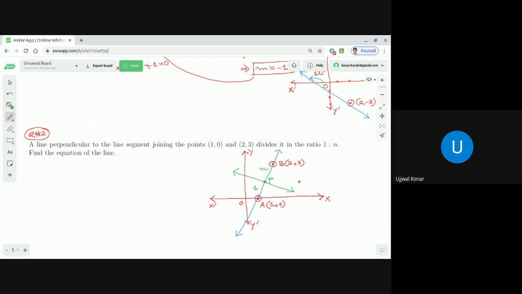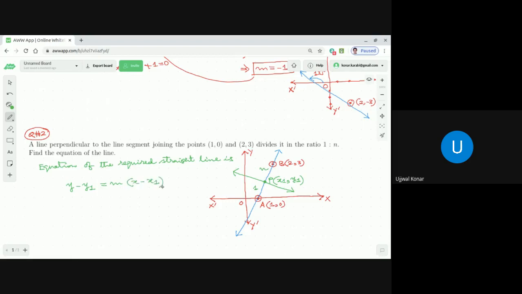This 1:n gives us an idea of the coordinates of P. If we assume the coordinate of P to be (x1, y1), then the equation of the required straight line is y minus y1 is equal to m into x minus x1.